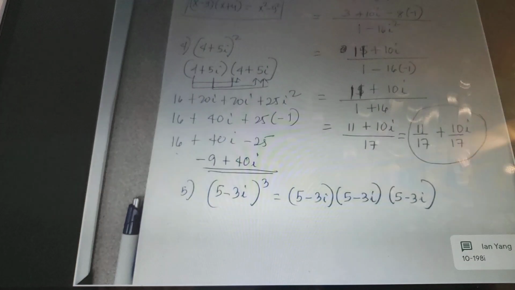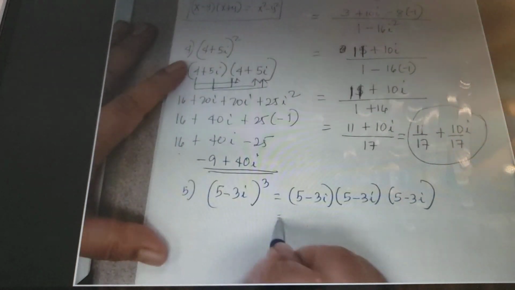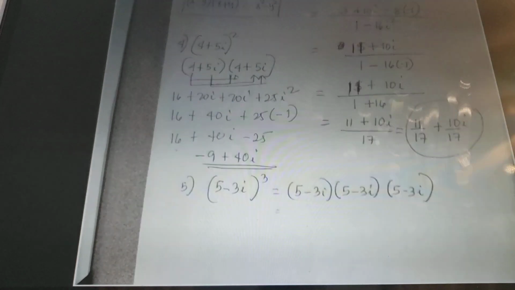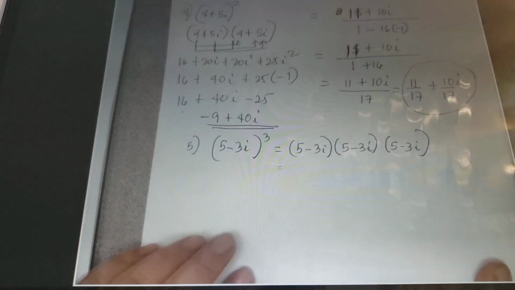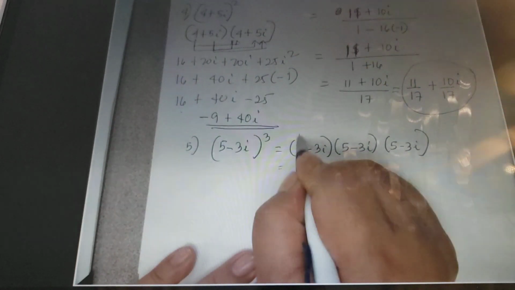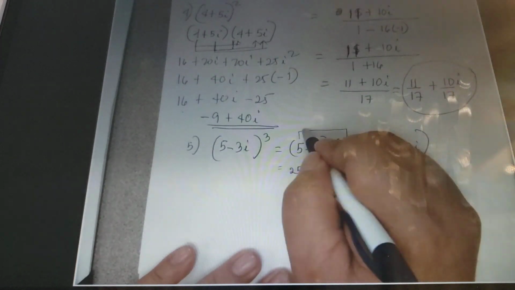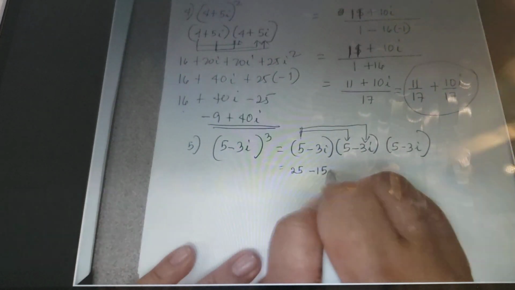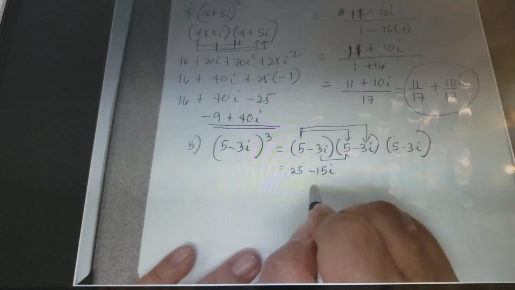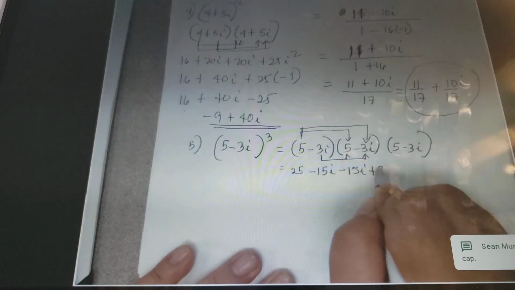Then we have to multiply this. 25, negative 15i, negative 15i, positive 9i squared.